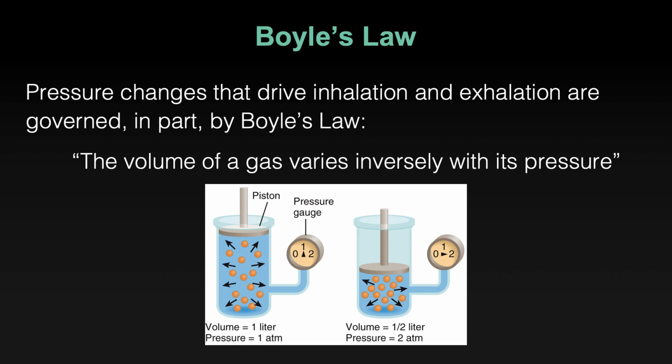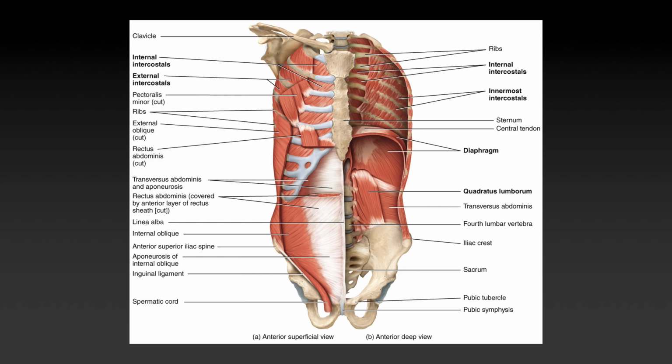So what muscles affect the container? And for that matter, what is the container? Let's look at this slide to figure out what the container is. The container, the compartment that contains the lungs, whose shape is modified to allow air to move in and out, is the thoracic cage.